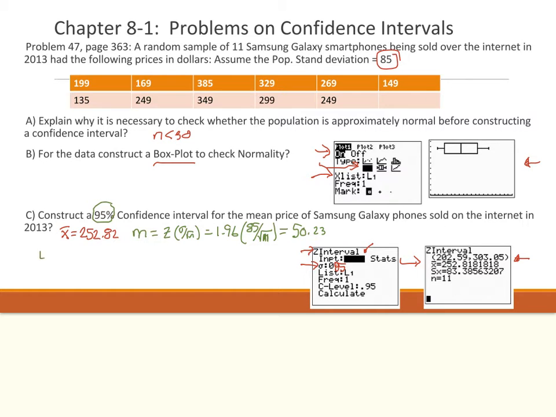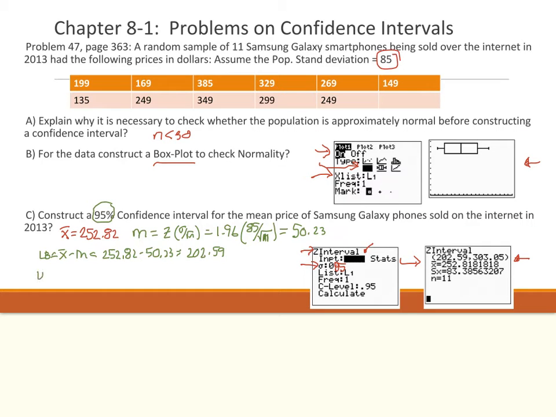So we have a lower bound is equal to x minus m. So this is our lower bound, so it's 252.82 minus 50.23, and this is going to be 202.59.